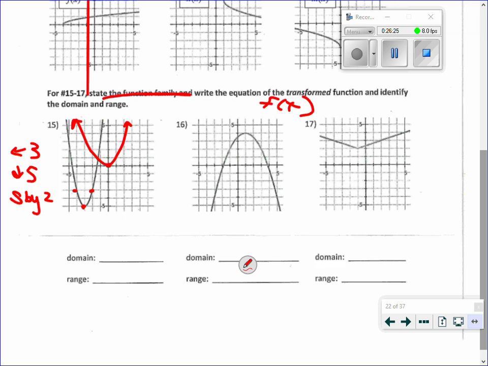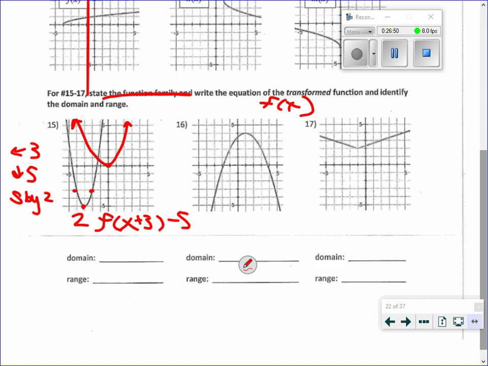So think about how I'm going to show all those 3 things with that f of x. If I'm showing stretch by 2, where should that go? The 2 out in front. If I'm going left 3, what am I going to show inside my parentheses? Plus 3. And then if I'm showing down 5, it'll be outside.